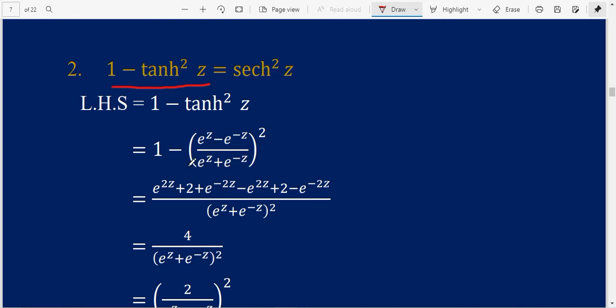The LCM is e raised to z plus e raised to minus z whole square, multiplying with 1. So e raised to 2z plus 2 plus e raised to minus 2z minus e raised to z minus e raised to minus z square, so minus e raised to 2z plus 2 minus e raised to minus 2z, and this cancels out.